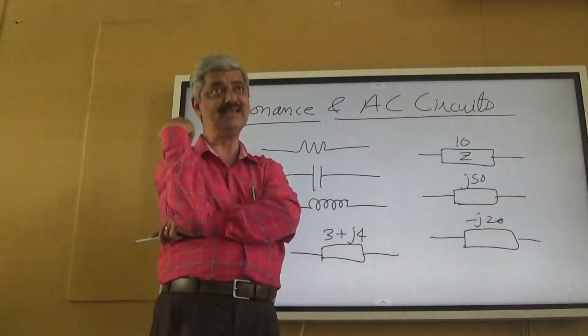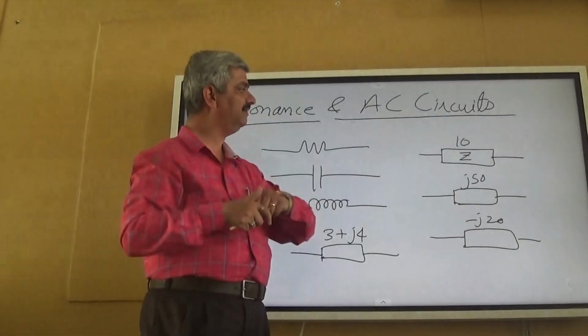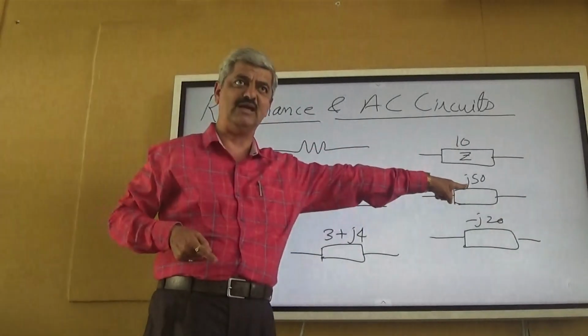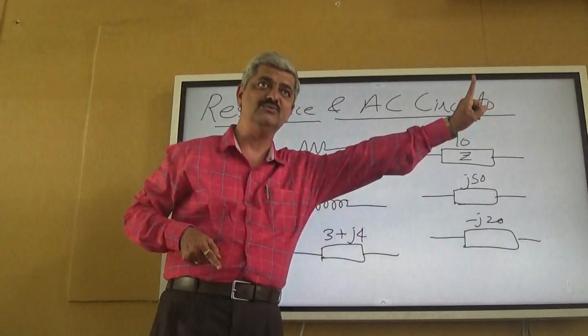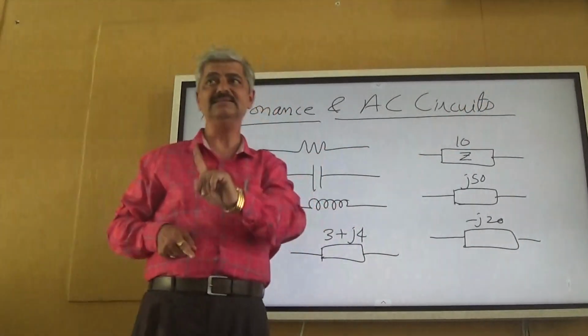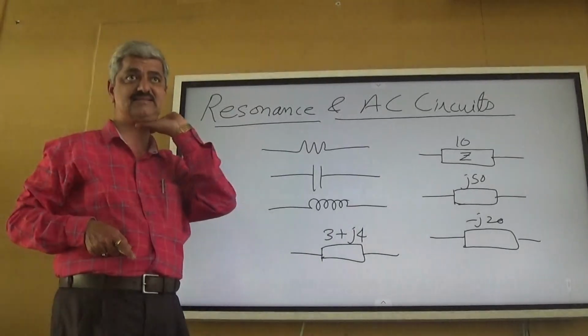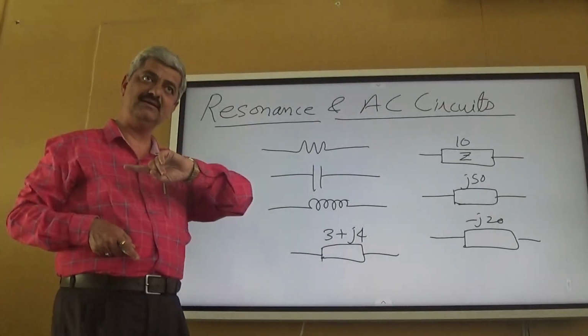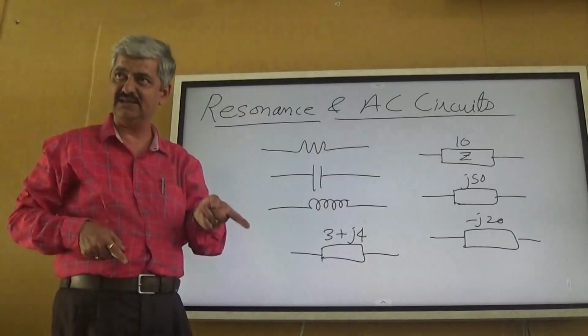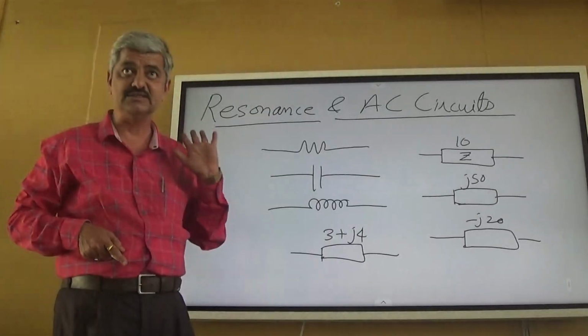Otherwise, for a given omega, directly such a value can be given, and you can work with this value. Is it clear? So impedance is a term which is like resistance but can be real, imaginary, or complex. Is it all right?